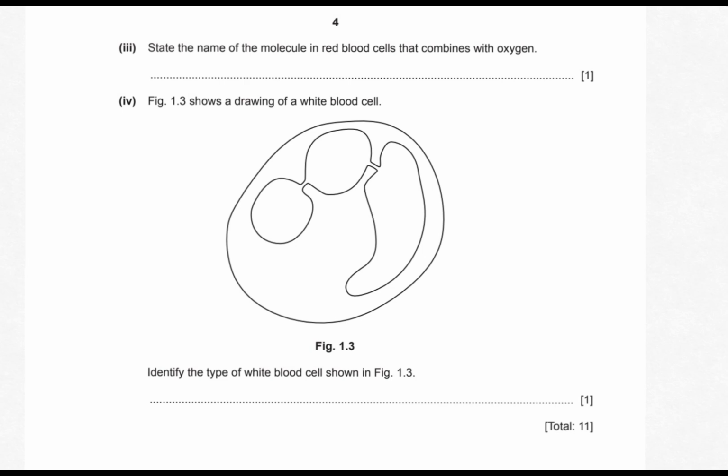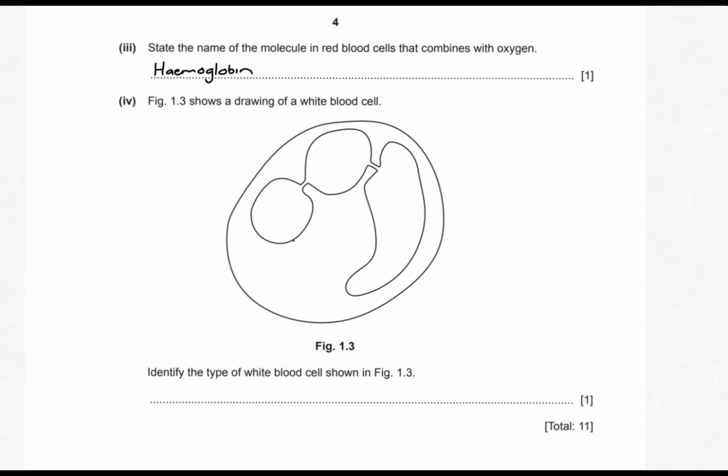So the first question on this page says to state the name of the molecule in red blood cells that combines with oxygen. Now we know that this molecule is called hemoglobin. We then have figure 1.3 that shows a drawing of a white blood cell. So we know that it's either a monocyte or a phagocyte.